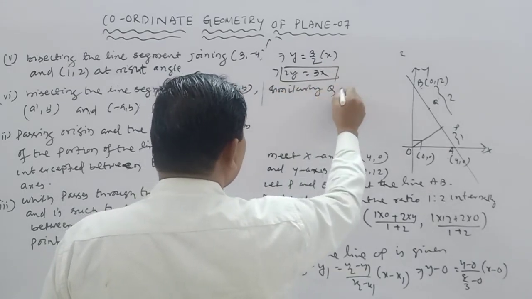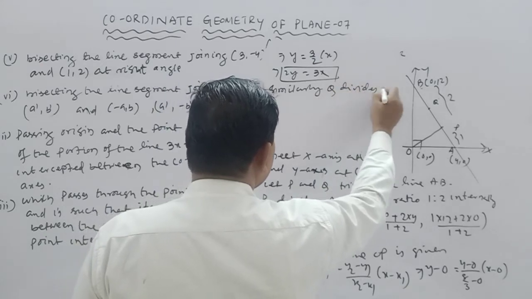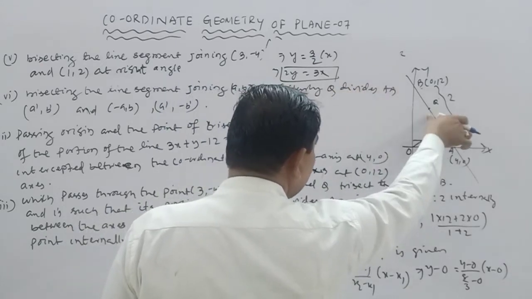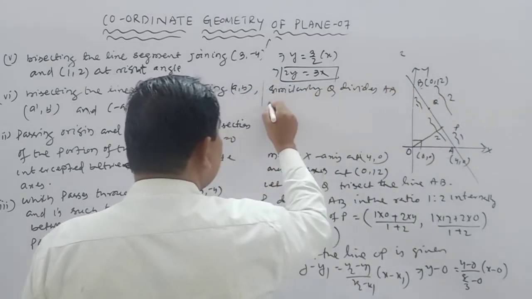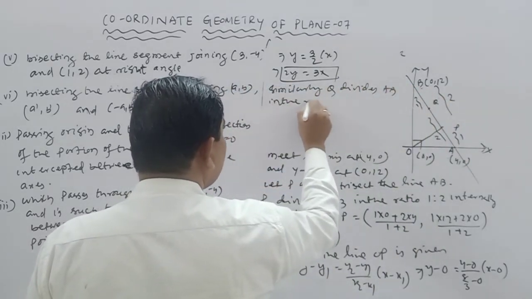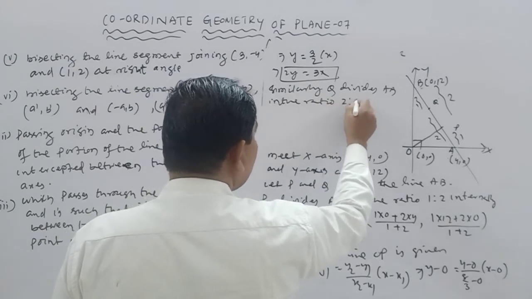Similarly, Q divides AB, this portion is 2 and this portion is 1. Q divides AB in the ratio 2:1 internally.